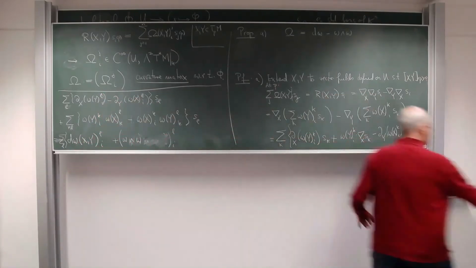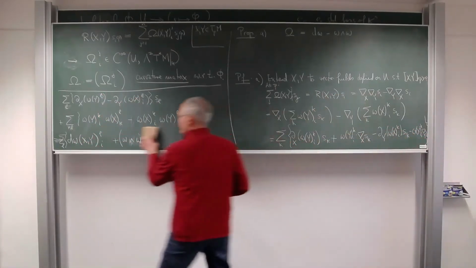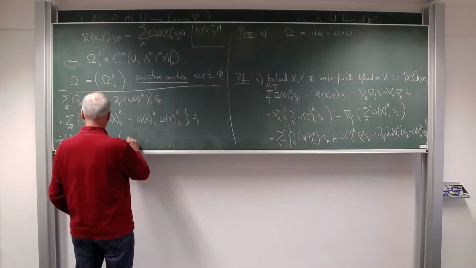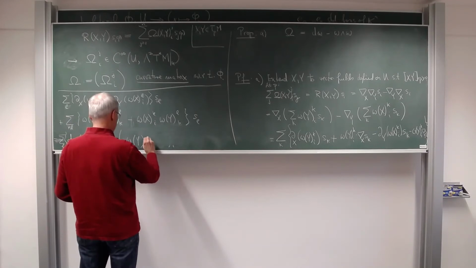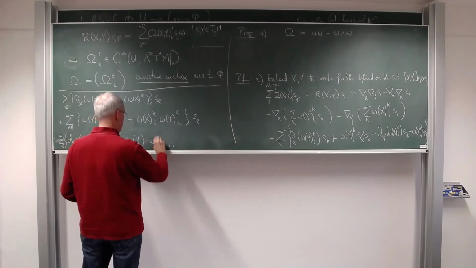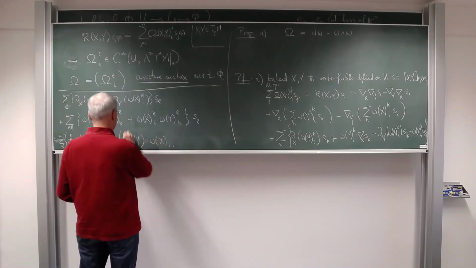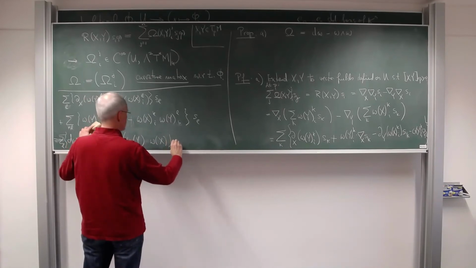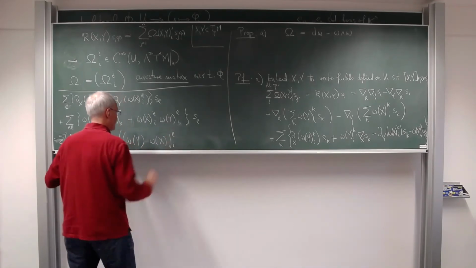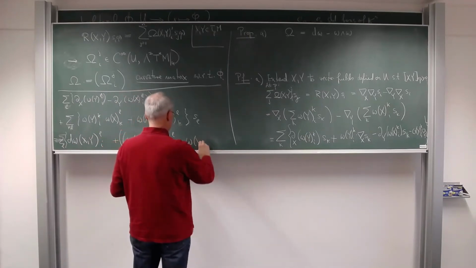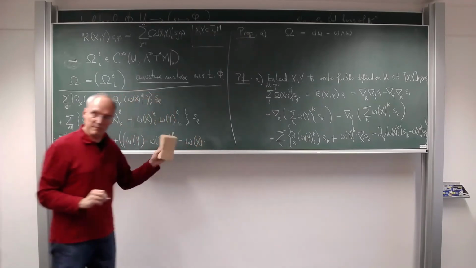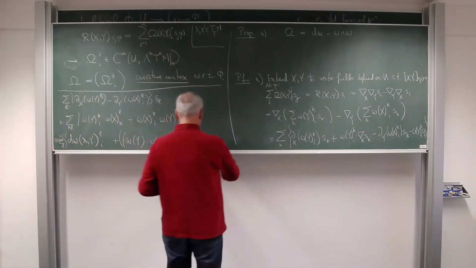Okay, one step after the other. This is omega of y times, by matrix multiplication, omega of x with indices I and L. And so here we have the opposite order. It's not commutative because it's matrix multiplication, right?